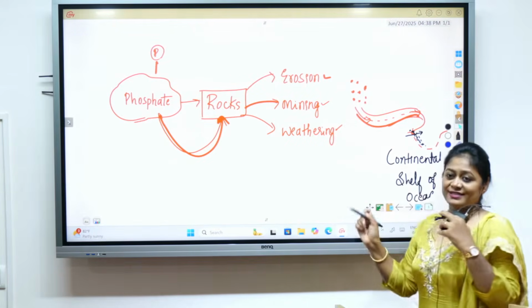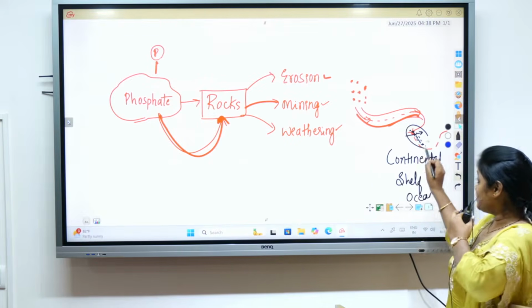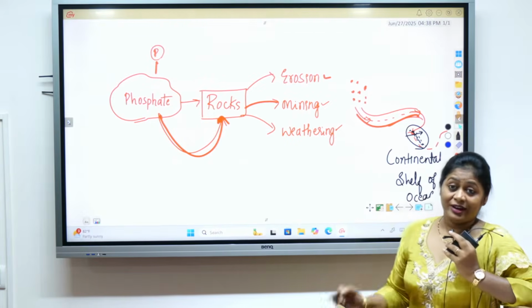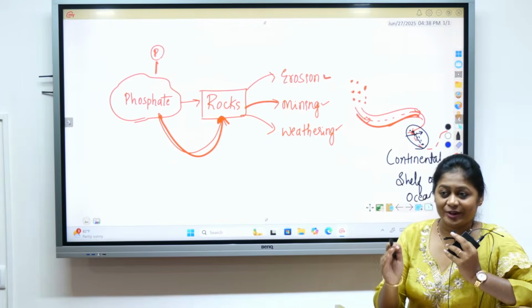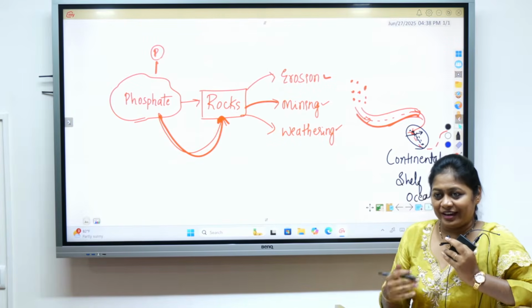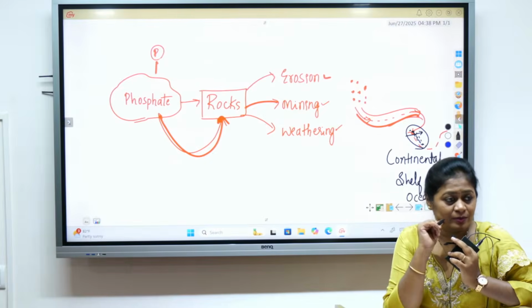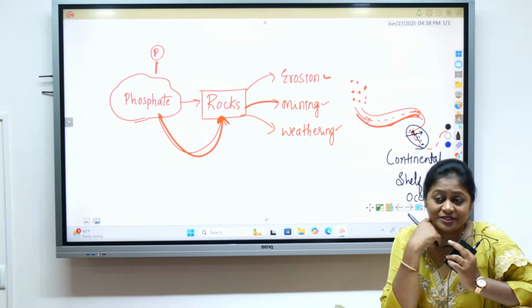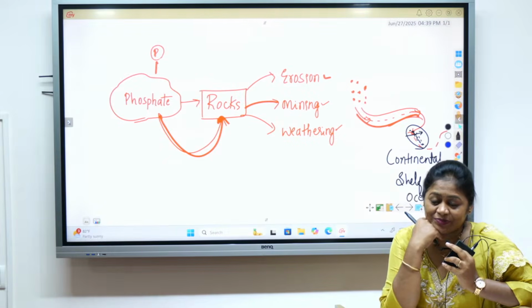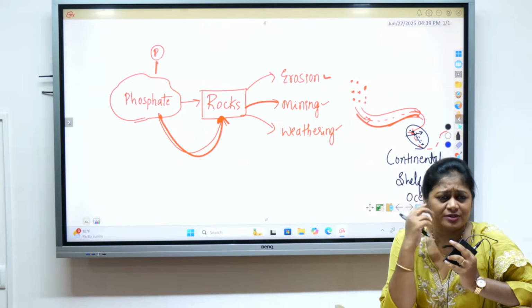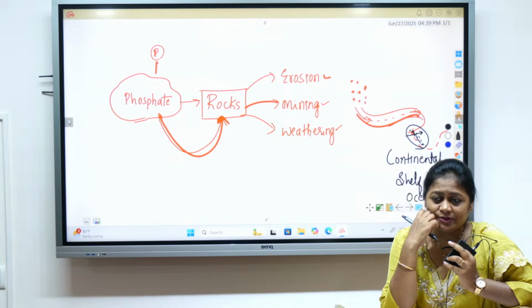How does this phosphate present in the continental shelf get exposed to the atmosphere or the lithosphere? Now the phosphate is inside the ocean, how can it come out? After millions of years, what happens?